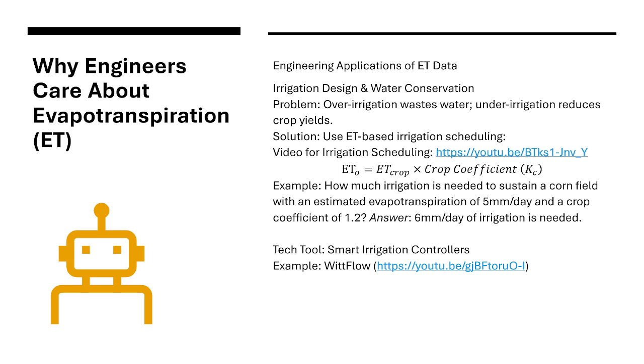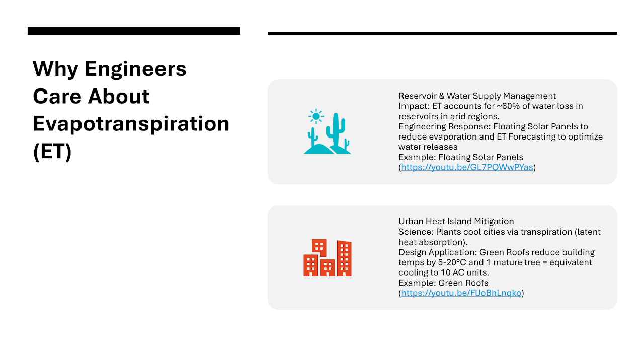If used properly, this can be used in ET forecasting, because you already know the crop coefficient and the estimated evapotranspiration of the specific crop. You can use this to forecast the upcoming evapotranspiration. So let's move on to floating solar panels to reduce evaporation.